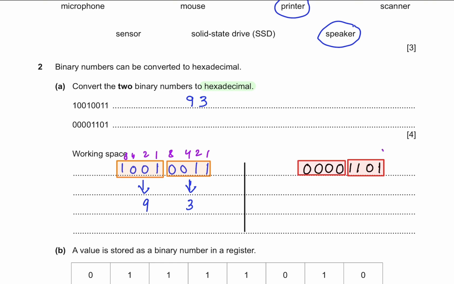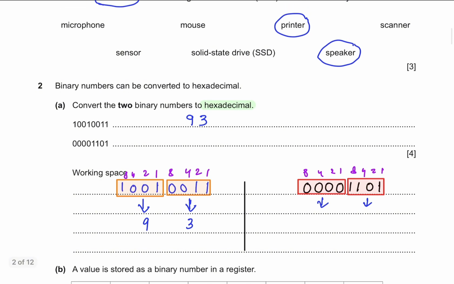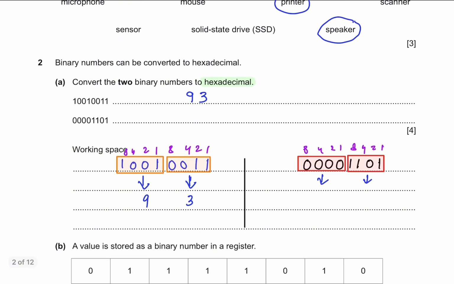I'll put it as 1 2 4 8 1 2 4 8. So now when I'm finding out the answer, this will be 0 because literally there is nothing. Now 8 plus 4 is how much? 12. 12 plus 1 is 13.